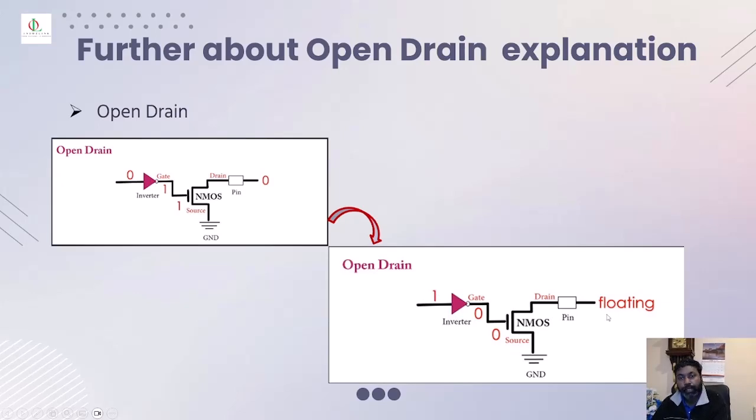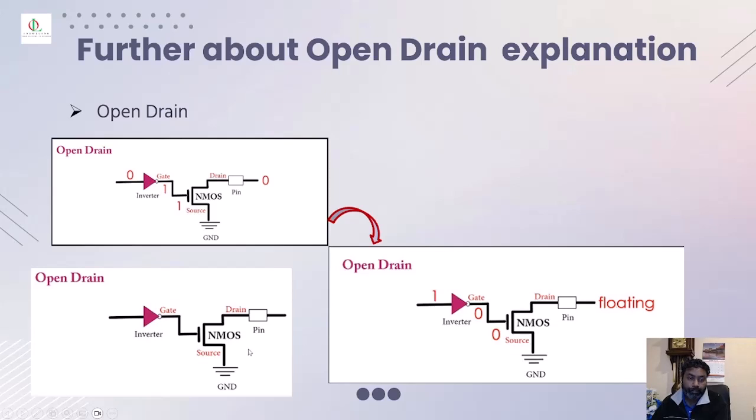So these two are the outputs you can get from the open drain configuration: either ground or floating. For push-pull, you get either 1 or 0, those two states. For open drain, it's ground and floating.